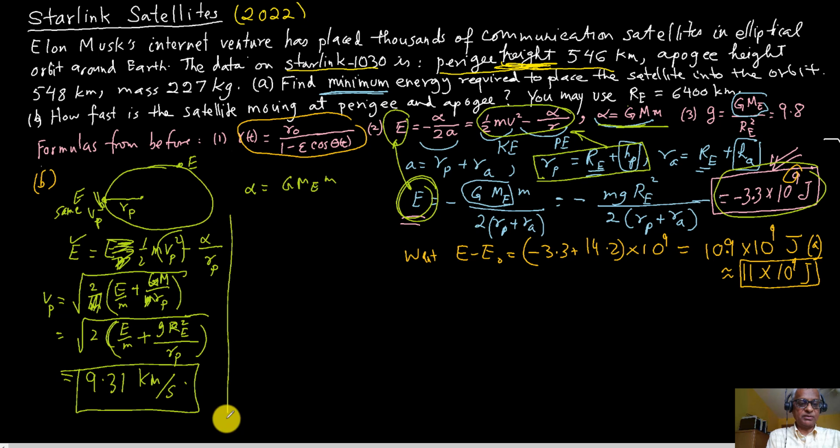So how about V at the aphelion over here? One way to do it is to repeat the Vp calculation by replacing Rp with Ra, and you should get some answer.